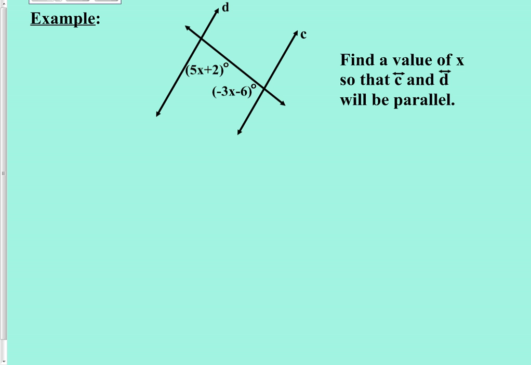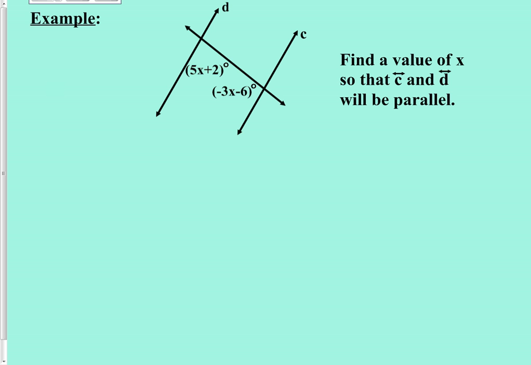Another way that it can be used is more along the lines of this example. Just like yesterday, we have information inside of a diagram, some angles marked and some things provided for us about their measurements, and then we're given an instruction not to verify that the lines are parallel or not, because that's impossible without knowing what X is.